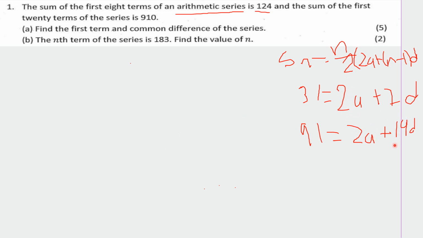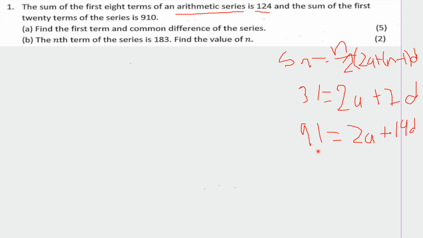I can't use the elimination method if there's no way I can cancel out one variable. Here I can cancel 2a if I subtract both equations. If, let's say, I had a here, that means I would multiply all the expression at the top by 2 so that I can have 2a, and then apply the elimination method.